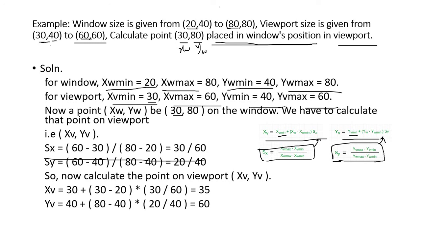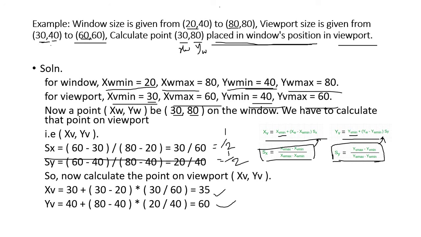So yw min is what? 40 again. Okay, so into half again. This is actually half and this is actually half. Okay, so if you calculate that, you are going to get these 2 points, 35, 60. So this is the value of that particular point in the viewport, not in the window. Okay, so that is how it is going to work.